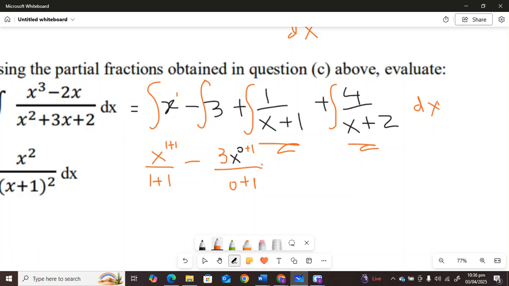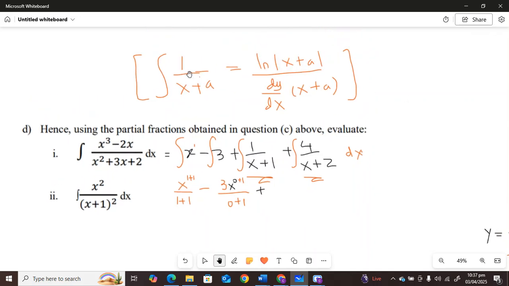Okay. Then we have plus, so we're going to say plus. Then we need to integrate 1 over x plus 1. So here we cannot use u substitution. All right, so we're going to use this law here.